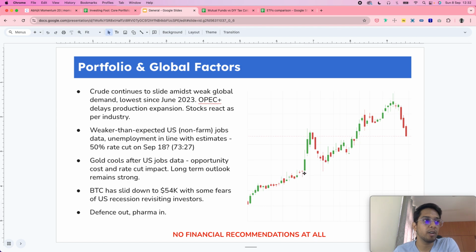It extended its rally in the same channel, and we continued going upward. And now with all this news of crude going downward and the outlook probably not looking as bright, it has shed all of those gains, and it has come down very hard and very quickly. So we are almost where we started.